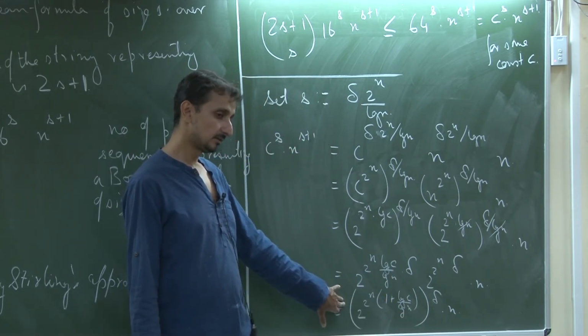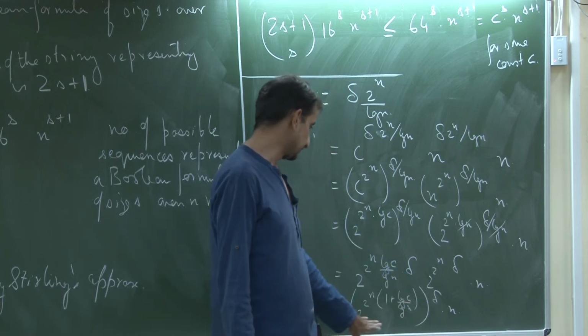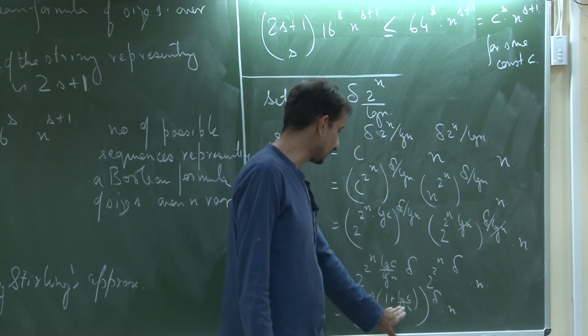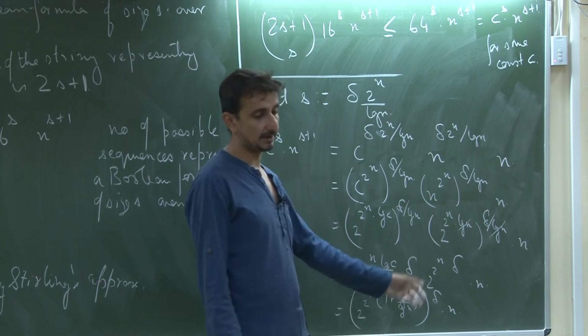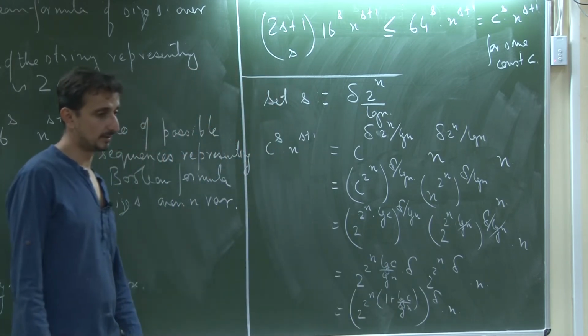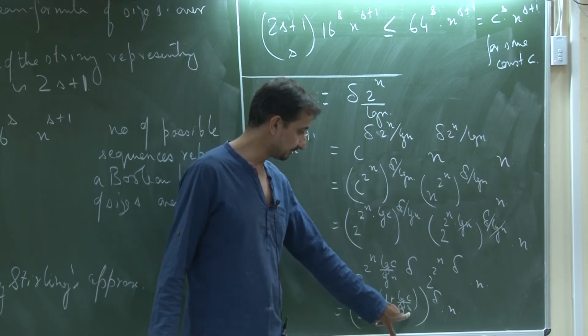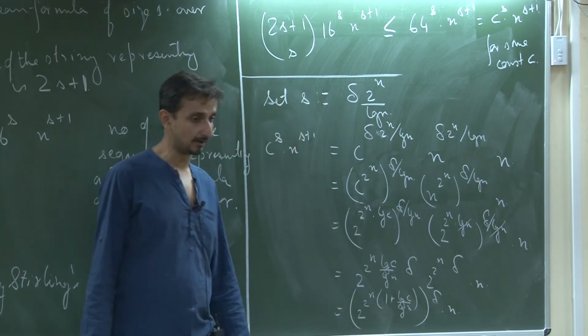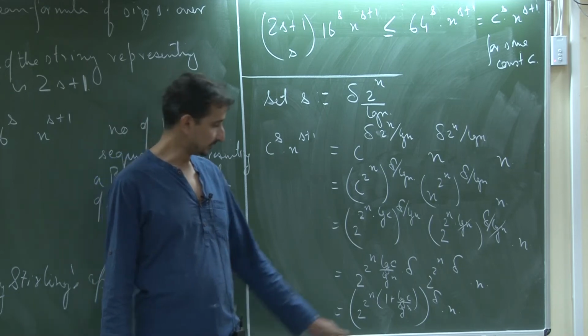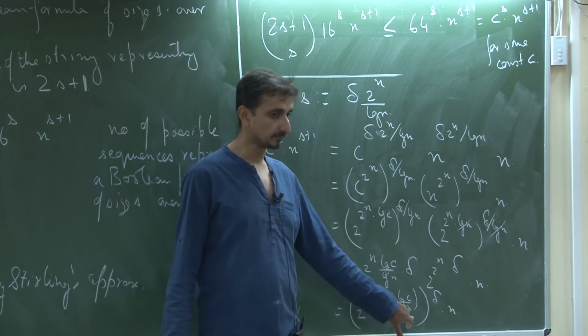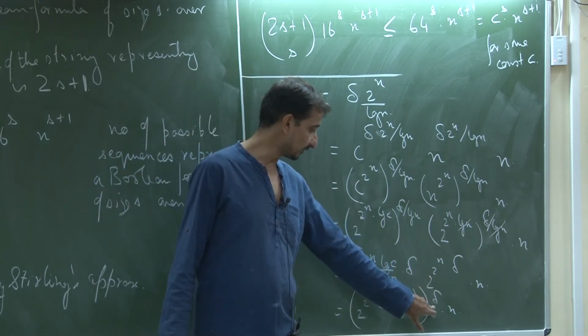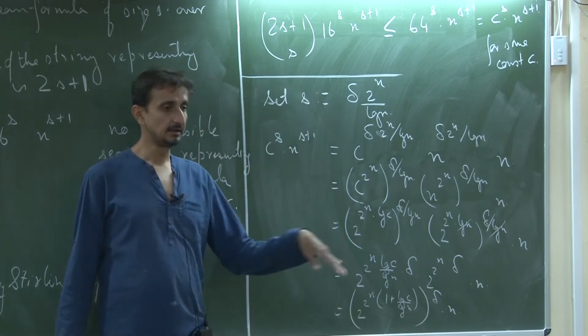If you take delta to be 1, then you have 2 to the power 2 to the power n times 1 plus log C by log n, which can be bigger than 2 to the power 2 to the power n, because this quantity is still greater than 0. So, only when I take delta to be a constant less than 1, this drops down.